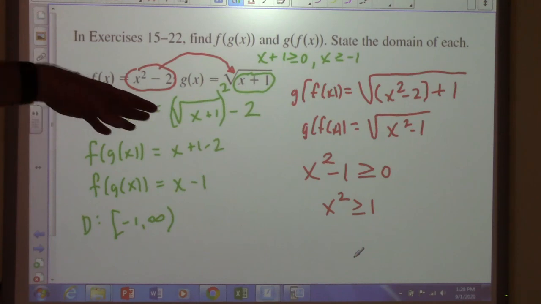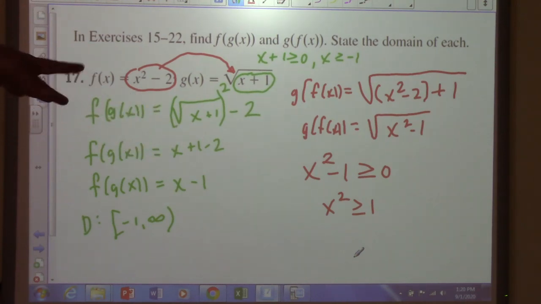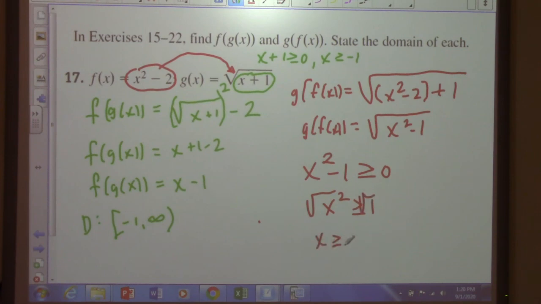What's the domain going to be of this thing? Okay, what you're going to do is when you take the square root of both sides, you're going to get x is greater than or equal to 1, but also x is less than or equal to negative 1.